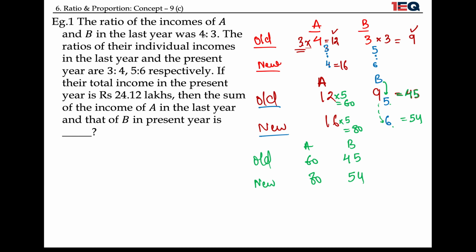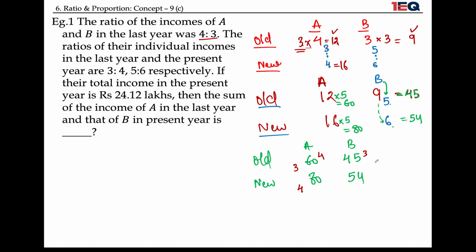The ratio between A is to B was 4 is to 3. Has that been maintained? 15 4s are 60 and 15 3s are 45. So 4 is to 3 is very much evident. Good. So the ratio between the individual incomes of last year and the present year is 3 is to 4: 20 3s are 60 and 20 4s are 80.